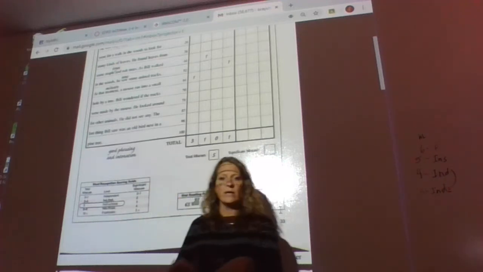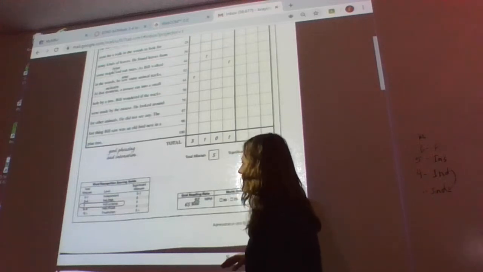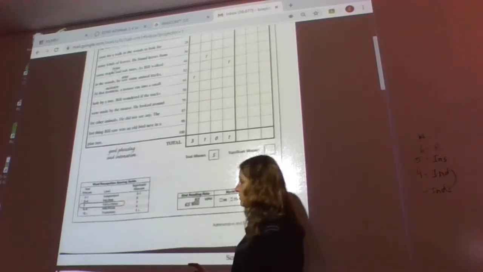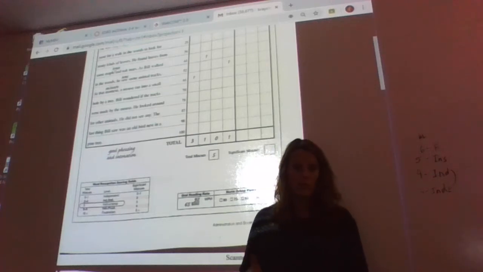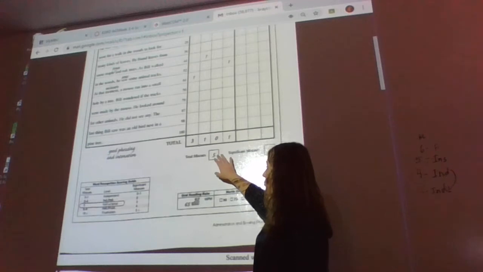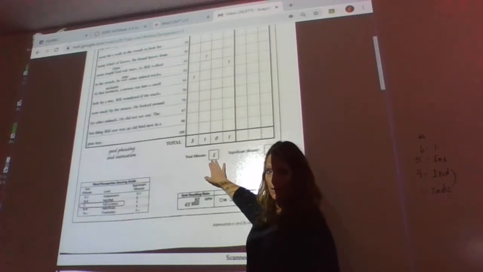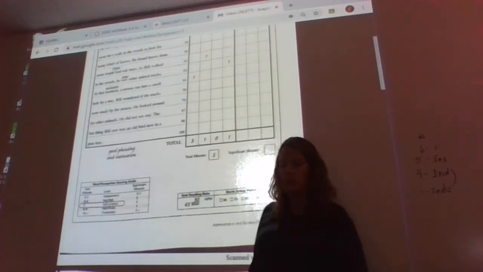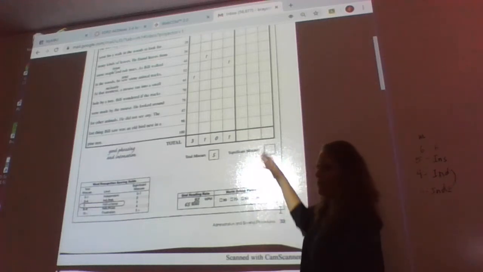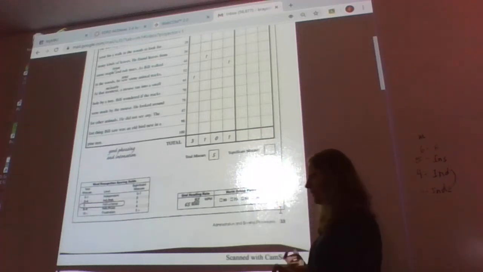It's just letting you know you're getting close to that level. Now, when you look over here, there's 2 sides, the total miscues and the significant miscues. And remember, the significant miscues are the ones that change the meaning. So let's say your reader had 11 total miscues, but only 1 significant miscue. And several of them were self-corrections and that kind of thing.